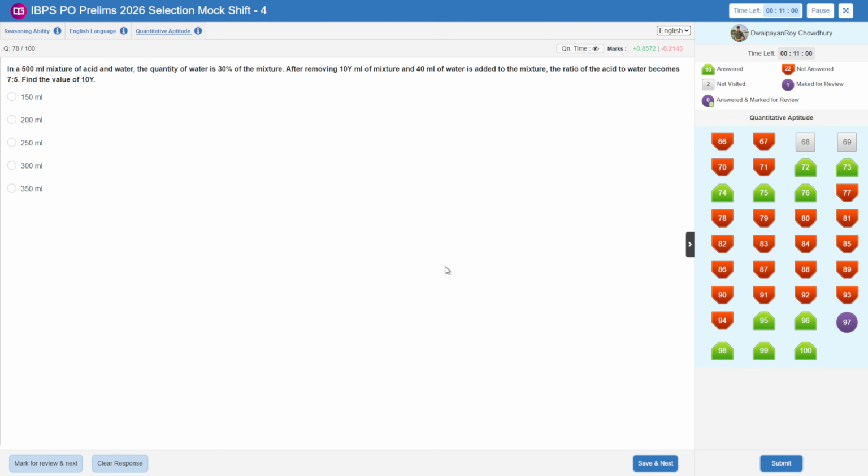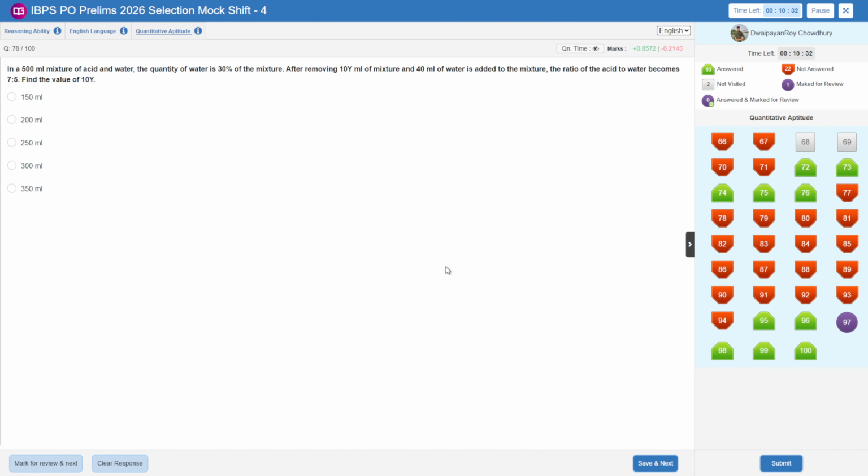M invested, okay, after 50 ml mixture acid water, the quantity of water is 30%. So 3 to 10, or 3 to 7 rather. So 350, 150. After removing 10y ml mixture, 40 ml water is added.